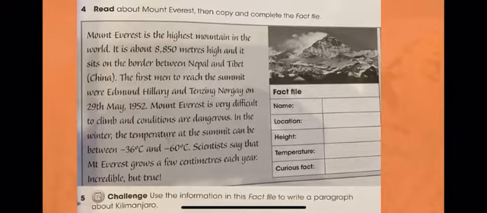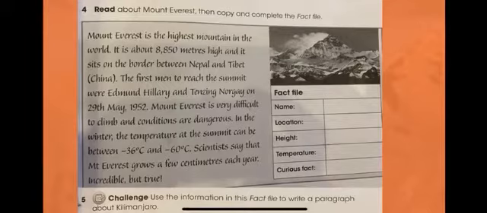Mount Everest is the highest mountain in the world. It is about 8,850 meters high, and it sits on the border between Nepal and Tibet, which is in China.